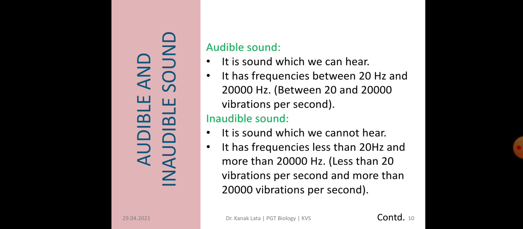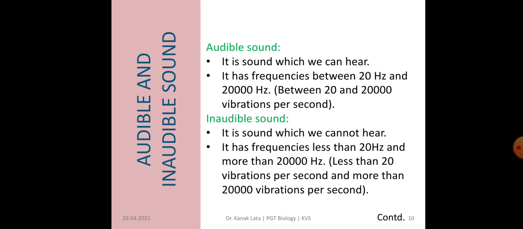Inaudible sounds are those sounds which we cannot hear. Inaudible sound has frequencies less than 20 Hz and more than 20,000 Hz. That is less than 20 vibrations per second and more than 20,000 vibrations per second.